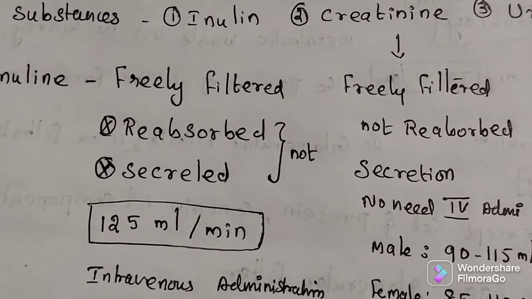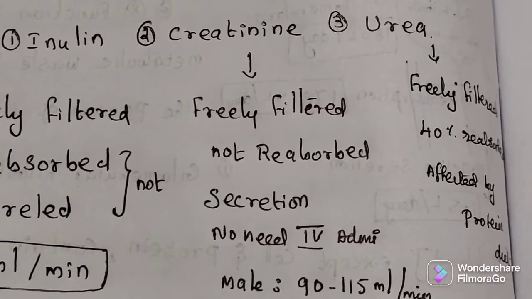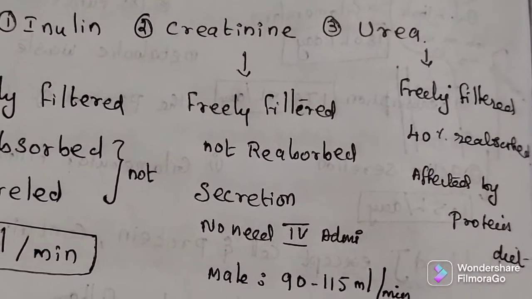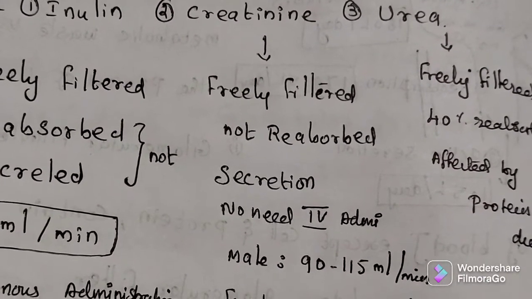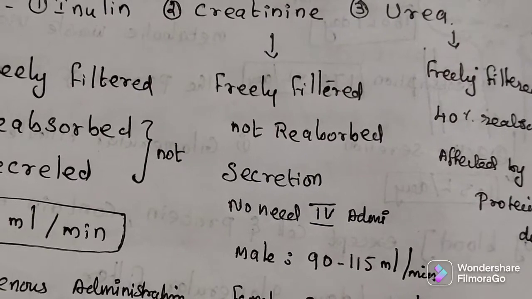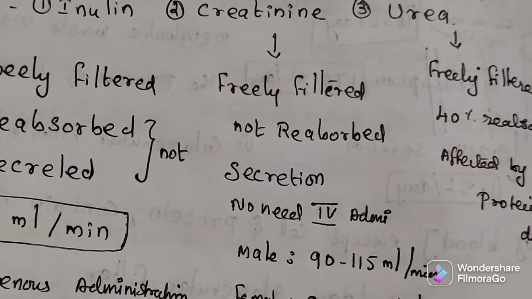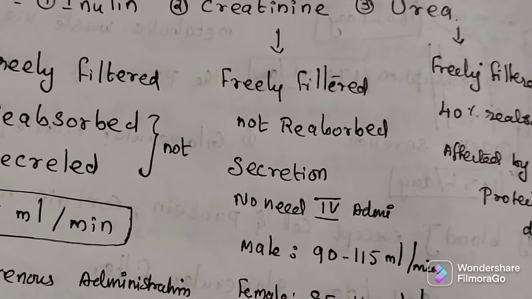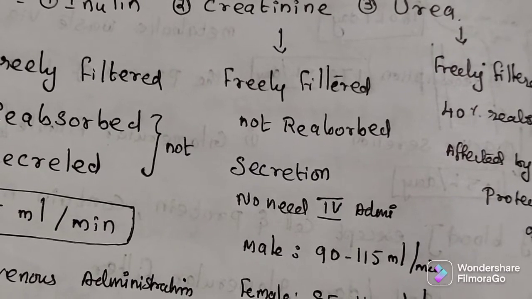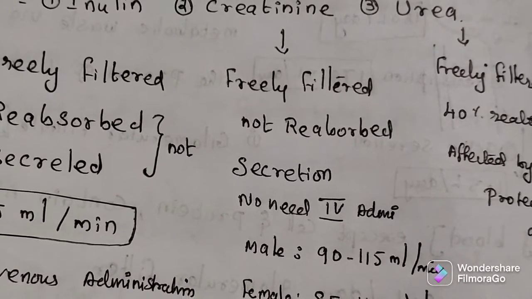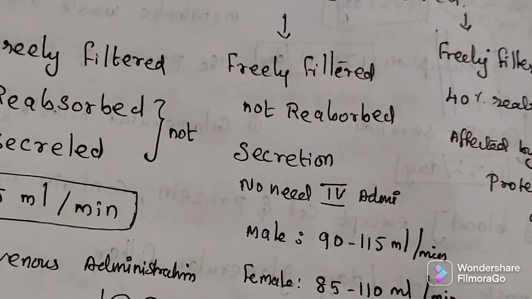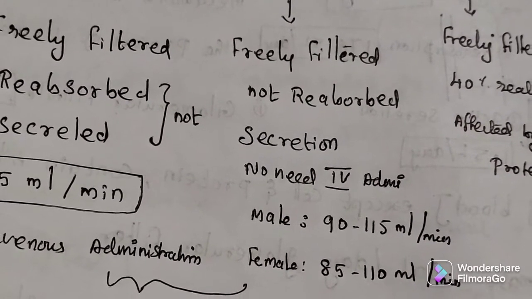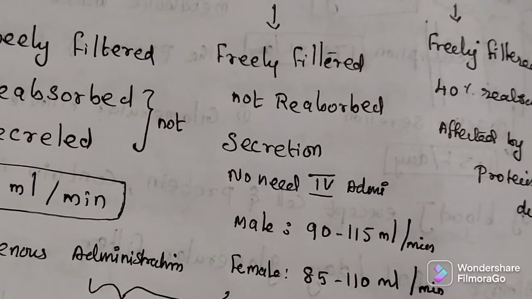Second one is creatinine. It has one advantage, that is no need for intravenous administration of creatinine. It is synthesized in our body. It is freely filtered at the glomerulus, neither reabsorbed by renal tubules.